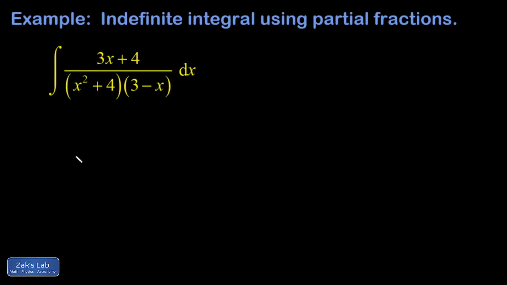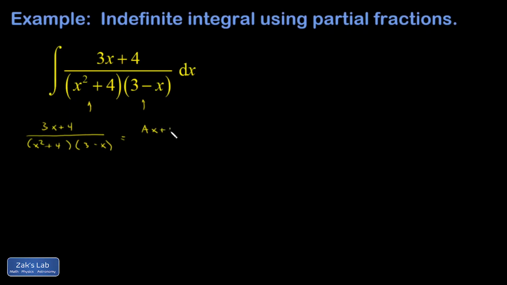In this partial fractions integral, we have an irreducible quadratic factor, and we have a linear factor. And so the proposal that we make is that this integrand can be rewritten as a sum of two simpler fractions.